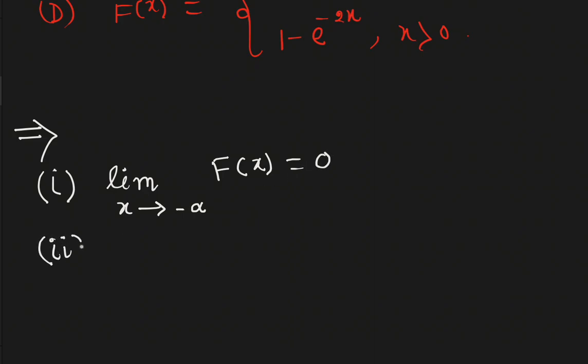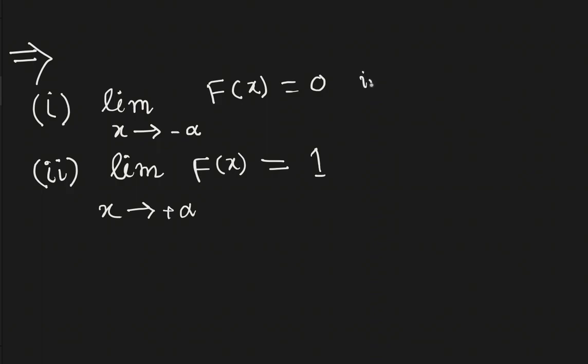Number 2 property is the limit as x tends to plus infinity of f of x equals 1.